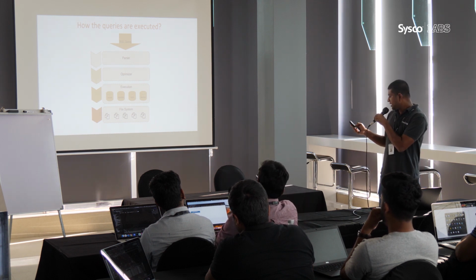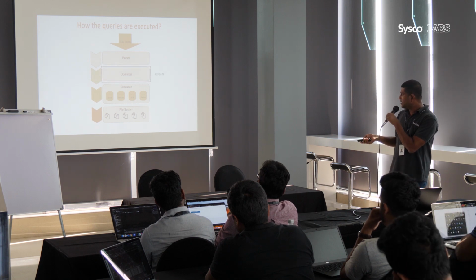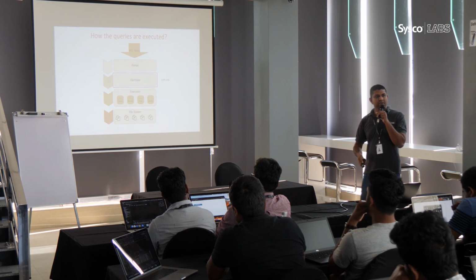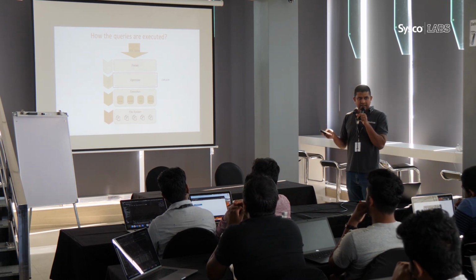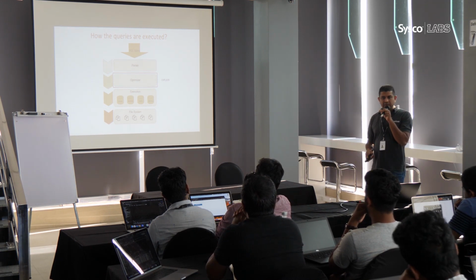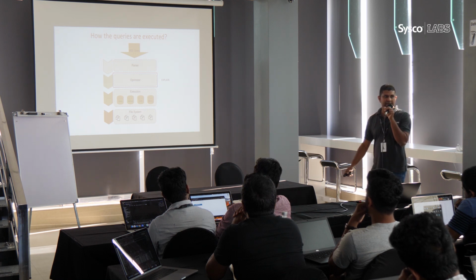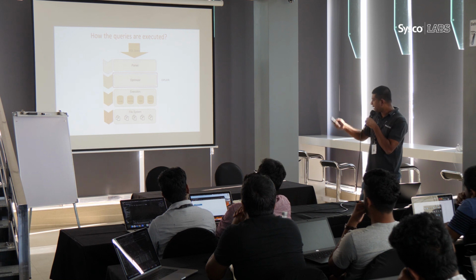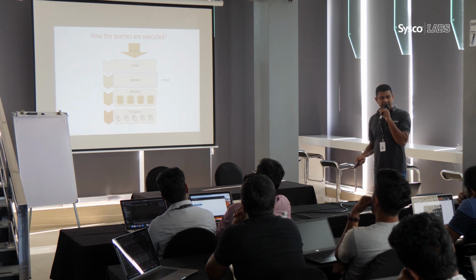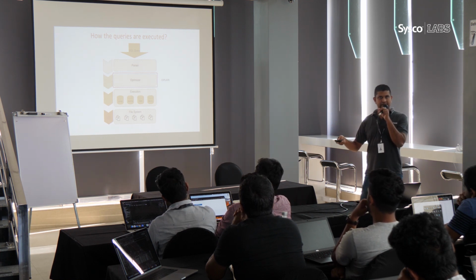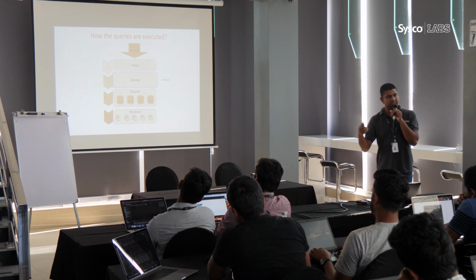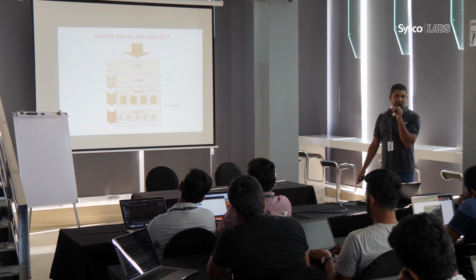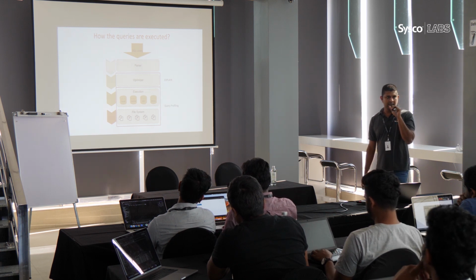For example, in MySQL, what's going on in the optimizer and how it's going to be executed, that information you can get from the explain command, right? Then the rest of the stuff, how it's being executed, what tables, what steps have been followed, the time taken for each step and everything, you can get from query profiling, right?